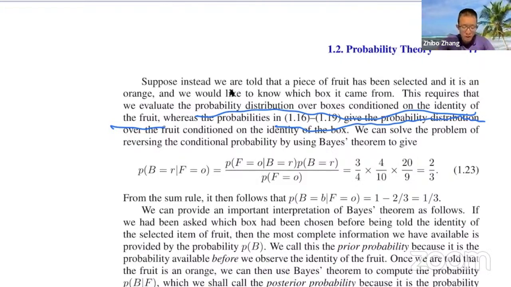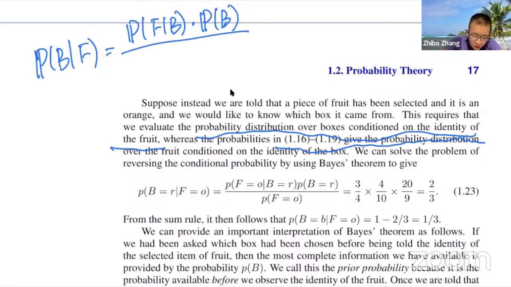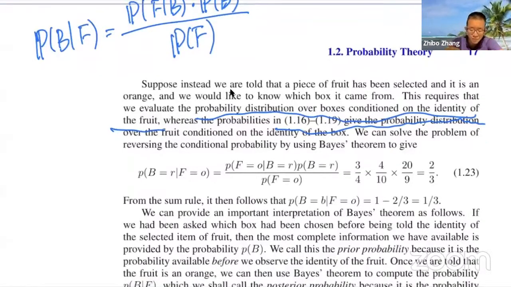So let's review what Bayes' theorem says. P(B|F), the probability of box given fruit, is going to be equal to, you reverse this, which is called the evidence term, multiplied by the prior term, divided by a constant.